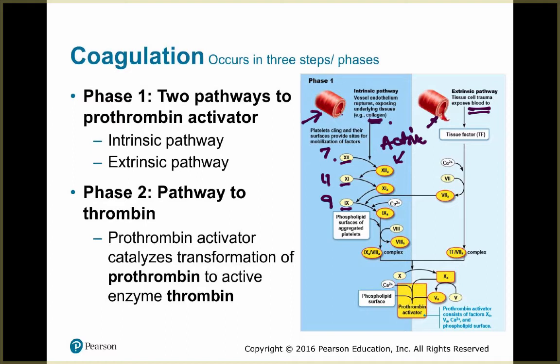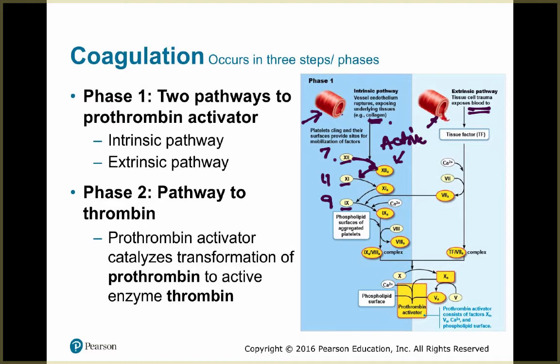So your 7 is going to be inactive, and then the negatively charged surface that you find on, say, active platelets that are attaching onto the collagen is going to provide the necessary mechanism to change clotting factor 7 to active clotting factor 7.